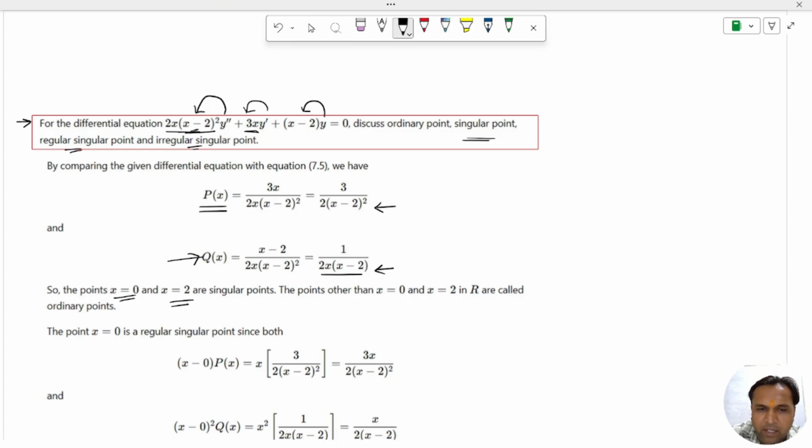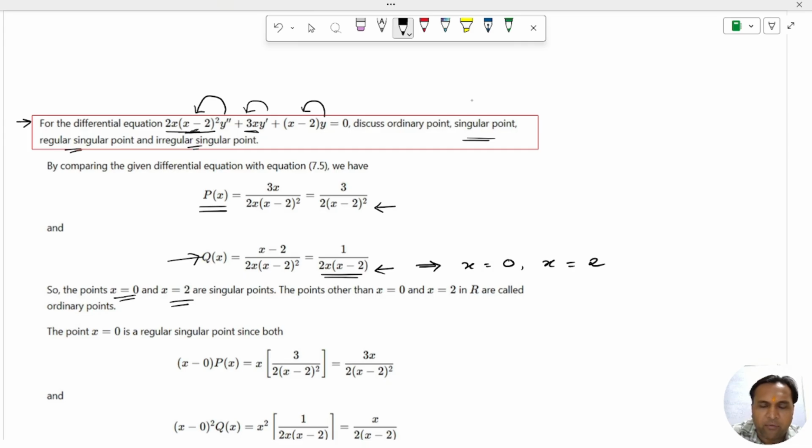If I take the denominator equal to 0, then we get x equal to 0 and x equal to 2. At x equal to 0 and x equal to 2, these are the singular points, where we cannot find the function at that point.